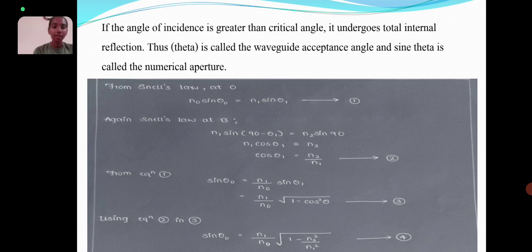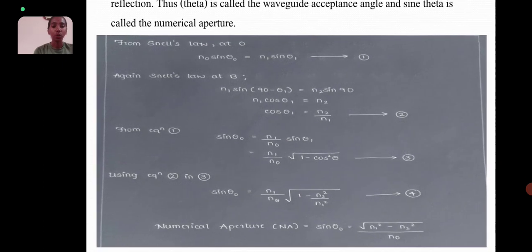Sine (90 minus theta 1) is cos theta 1, hence it becomes n1 cos theta 1 is equal to n2. Let's retain cos theta 1 on the left hand side and shift n1 to the right hand side, that is to the denominator. So it becomes cos theta 1 is equal to n2 divided by n1. Let's consider this as equation number 2.